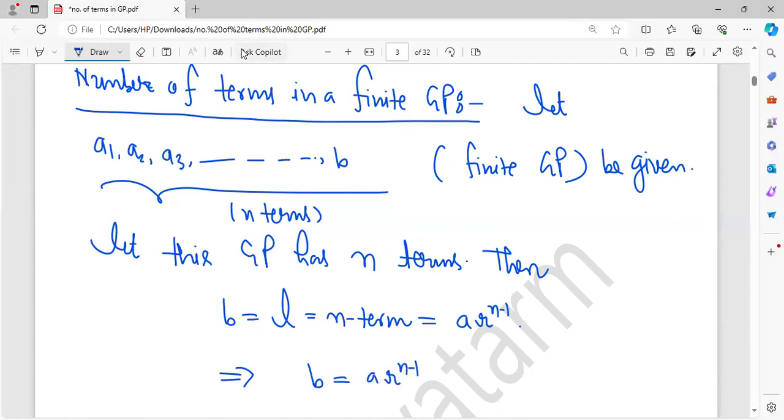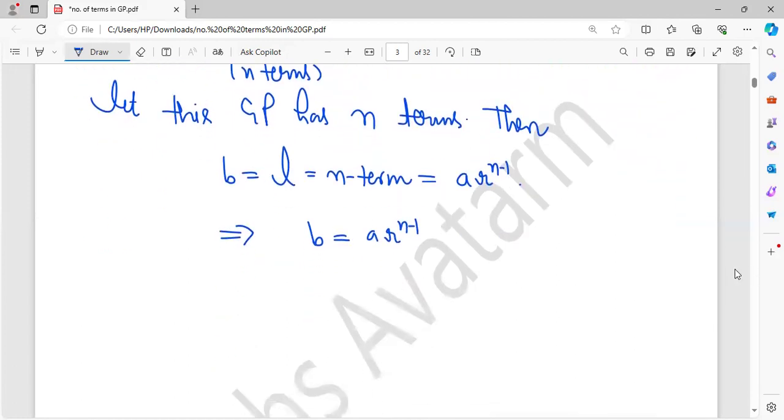Now this GP is given. You have the first term, you have the common ratio.